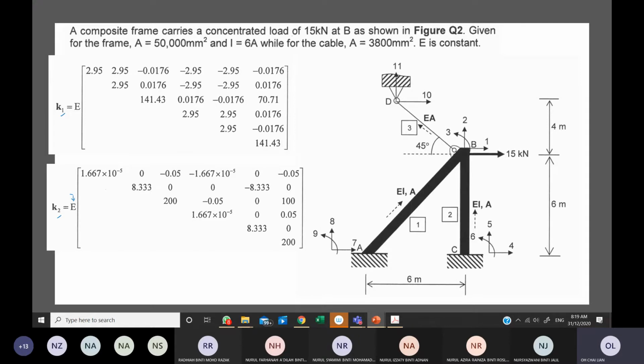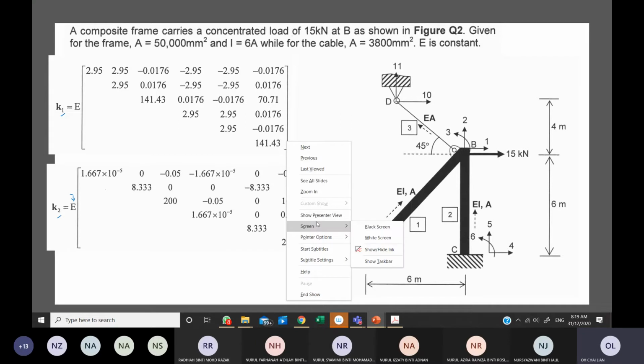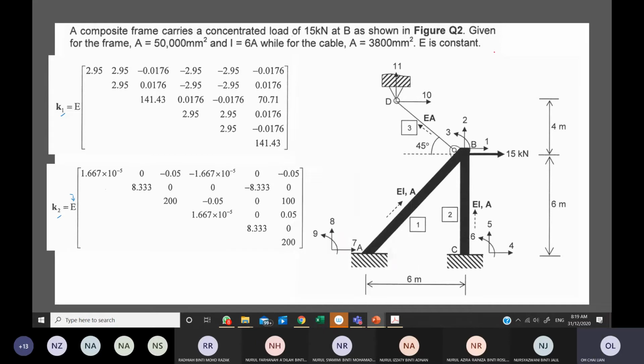And one more thing that you have learned in the stiffness matrix is the DOF per node. For a beam, you have 2 DOF per node, which are the vertical direction and also rotation. If I put it in this direction, this will be the Y direction and this is the Z direction.